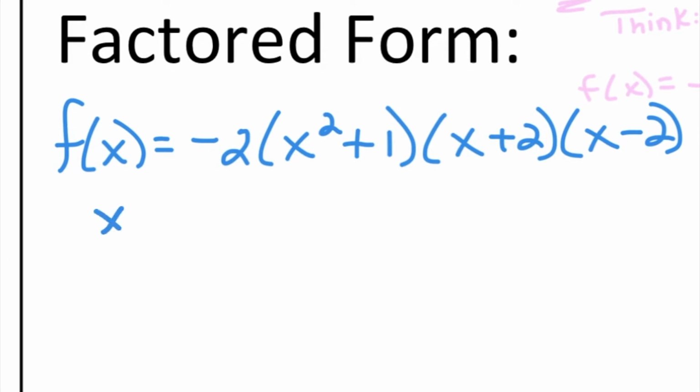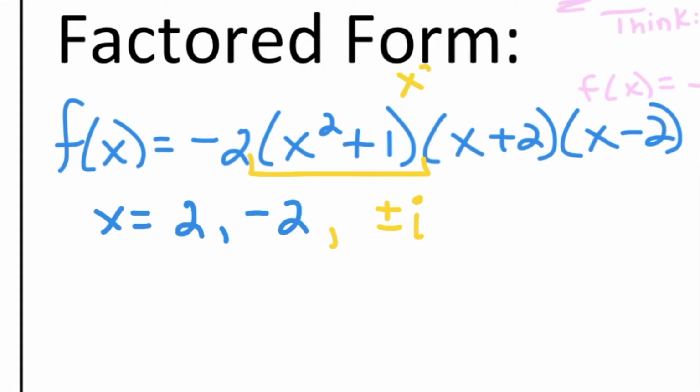So your x-intercepts are +2 and -2. And then from this, you have imaginary roots. And so you could also, if you wanted to, put plus and minus 1i. If you do x squared plus 1 equals 0 and solve that, x squared equals -1.